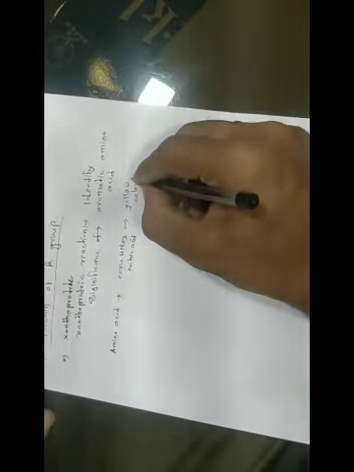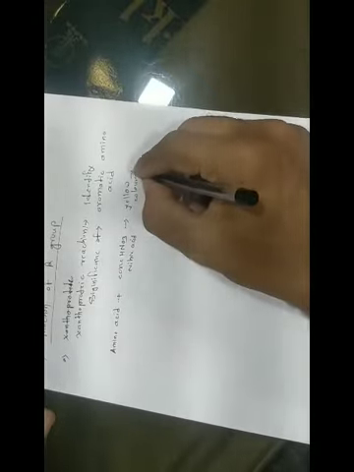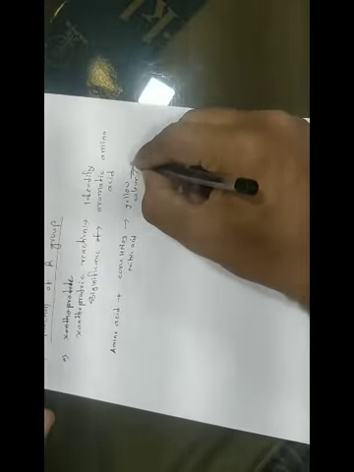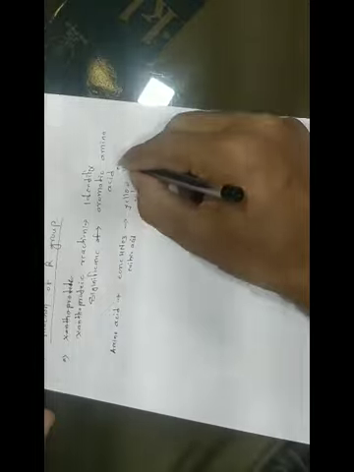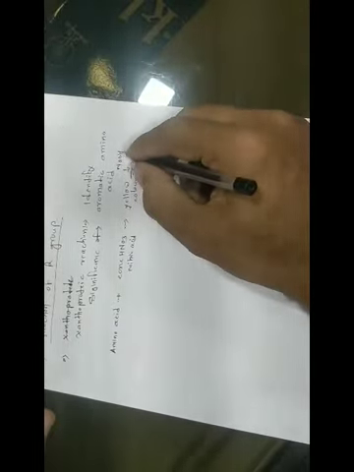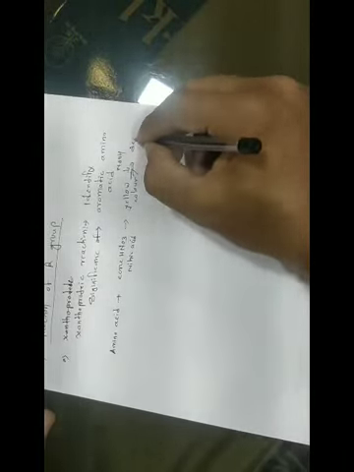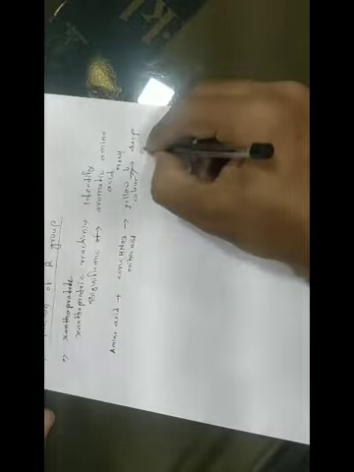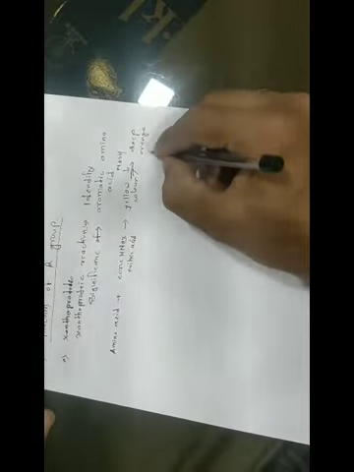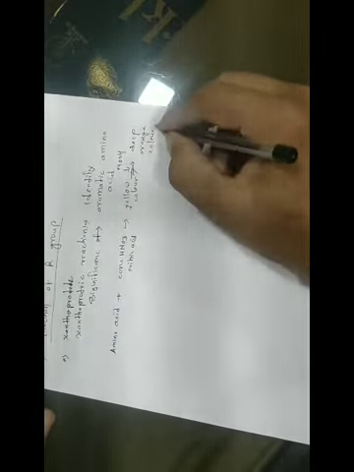Yellow color is given. Then add sodium hydroxide, and the yellow color changes to a deep orange color.